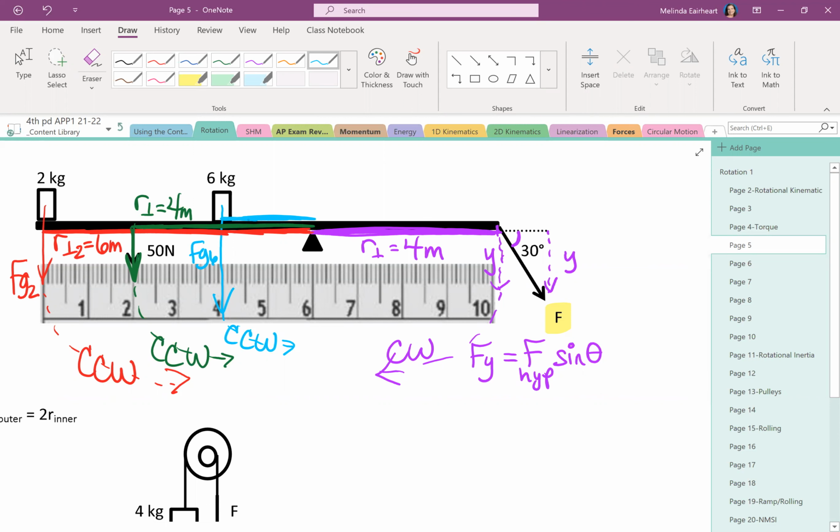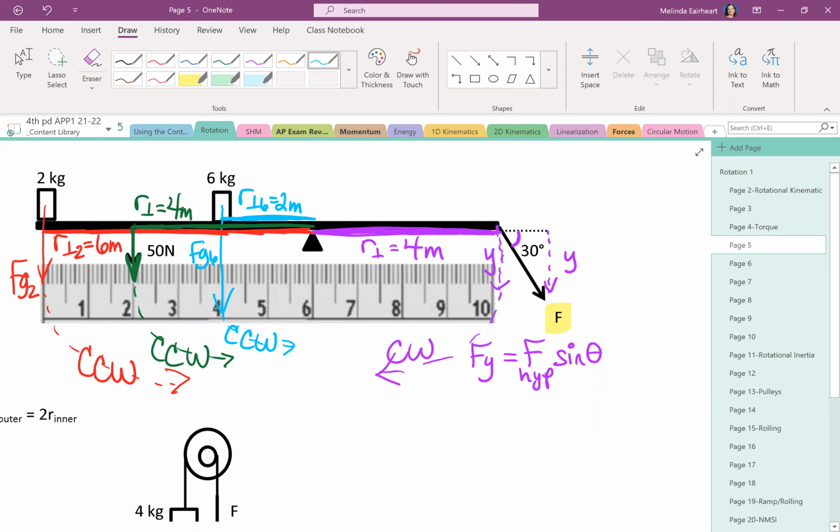And so 4 to 6 would be a lever arm of 2. Okay. All right, so we've got 3 counterclockwise, 1 clockwise. Balance of torques, not just the forces, okay? Forces balance, but torques balance separately.